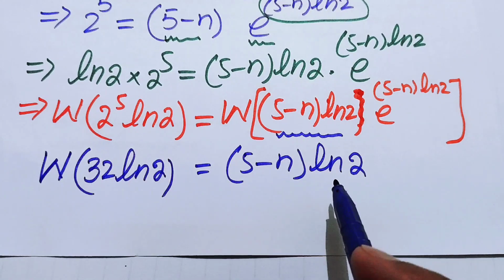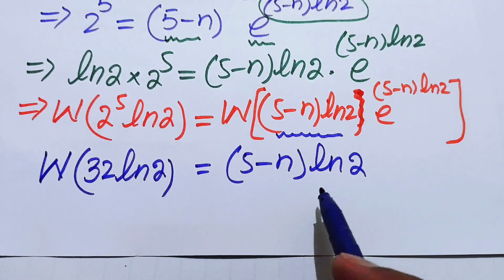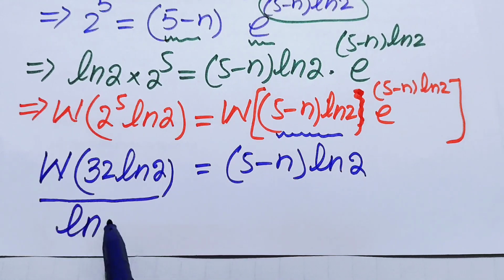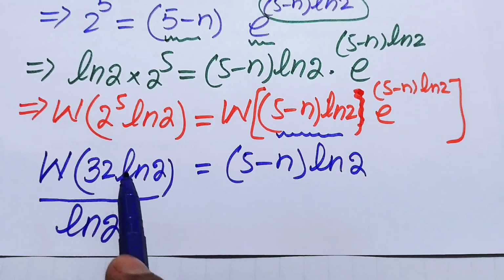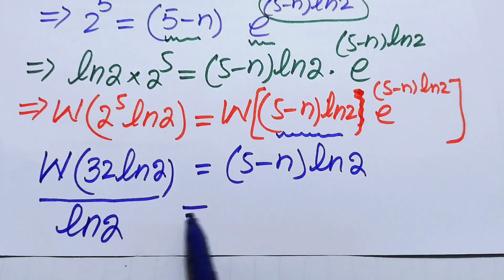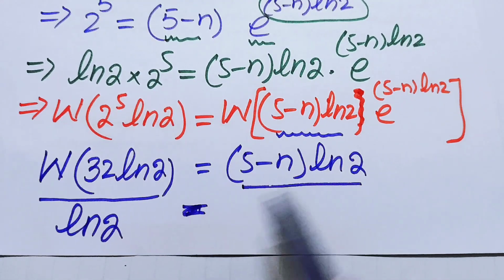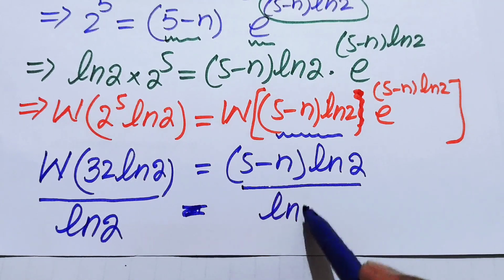2. So here we first divide both of the sides by log 2 in order to find the value of n. So we have W of 32 times log 2 over log 2, and this whole equals, here I can just divide this side by log of 2.